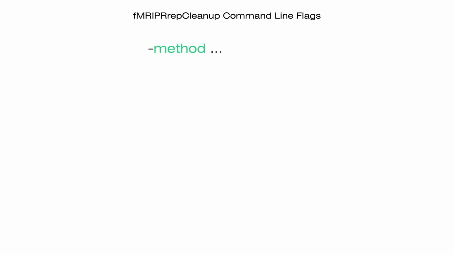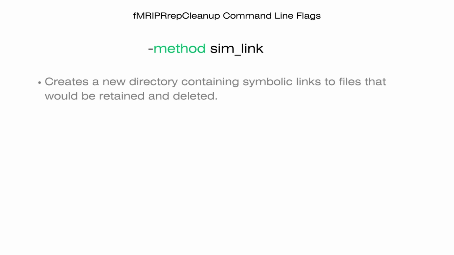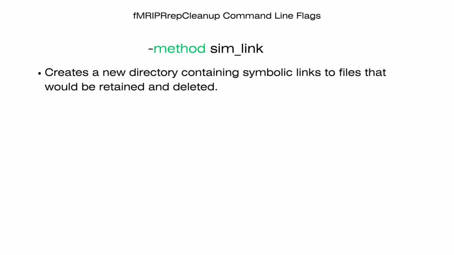Second, the method argument is used to specify what you actually want to do with this directory. Luckily, you don't have to charge in straight away and delete everything. Using method sim_link will instead create a new folder which will itself contain a retained and a deleted folder. These folders will contain symbolic links to all files that will be retained and deleted respectively.